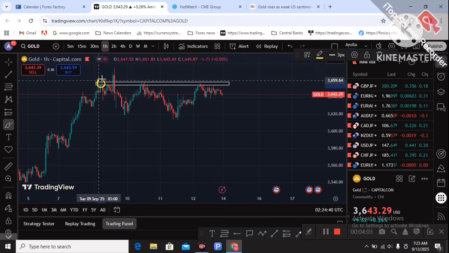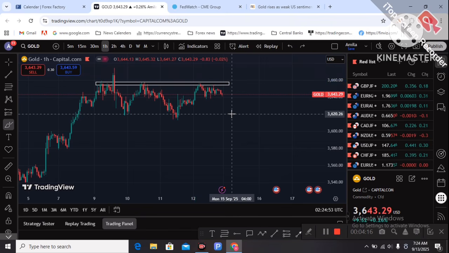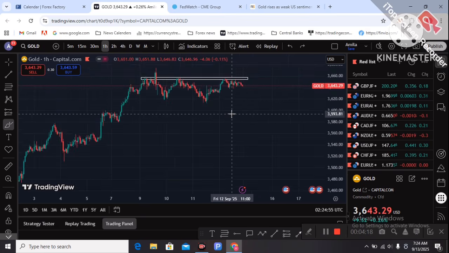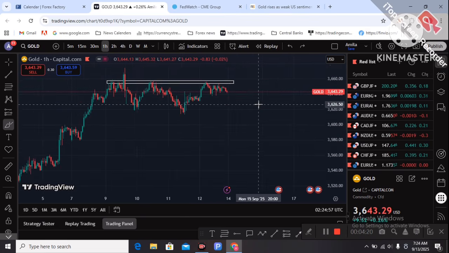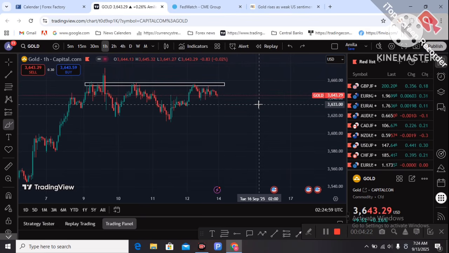This is the first point, this is the second point, and last Friday it tested this level again and still did not break out. If this level does not break out, that is the sell opportunity in gold next week on the 1 hour chart technical setup.